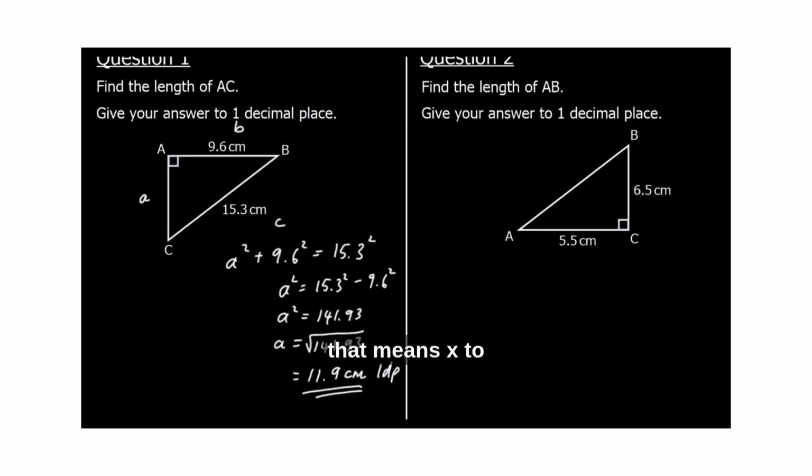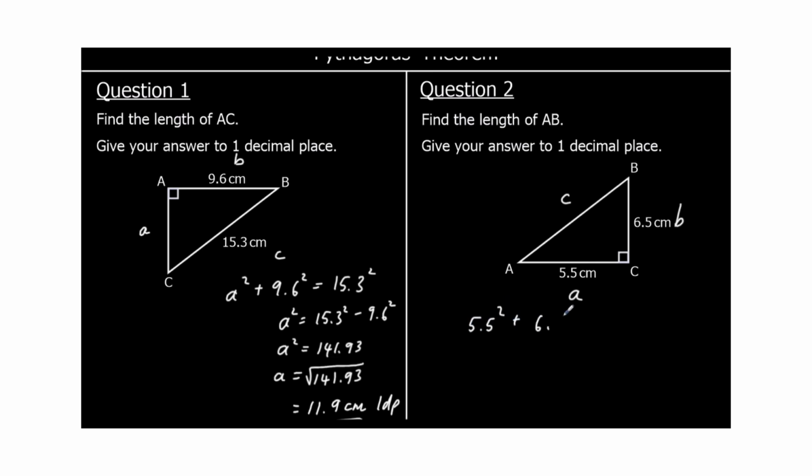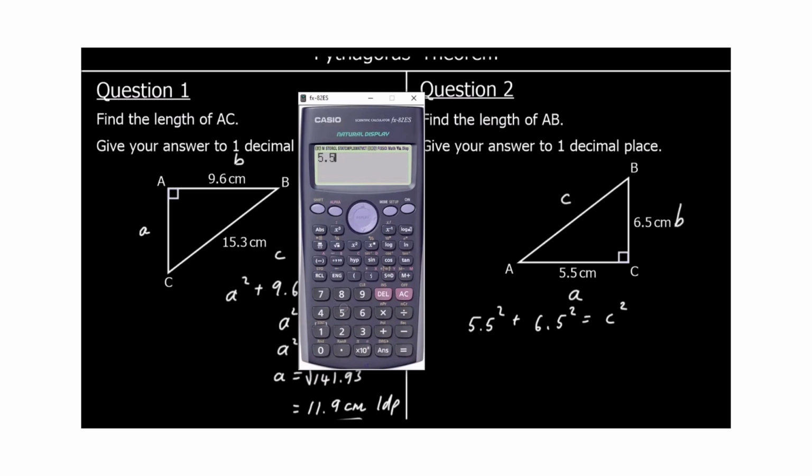And question 2, we're finding the longest side, the hypotenuse this time. So a squared plus b squared equals c squared. So we'll type into the calculator 5.5 squared plus 6.5 squared, which is 72.5.